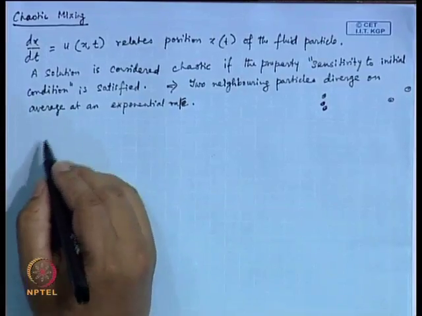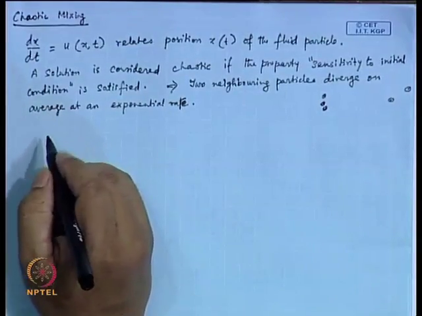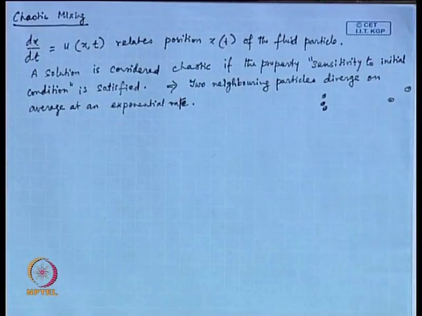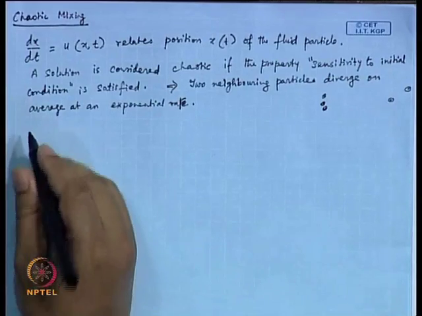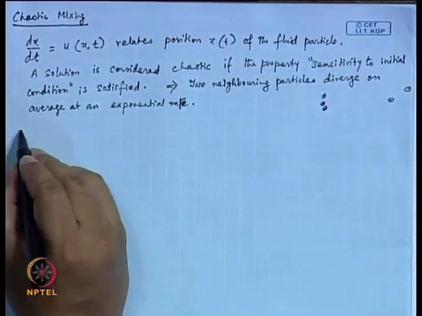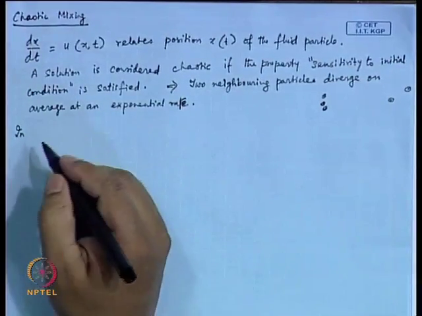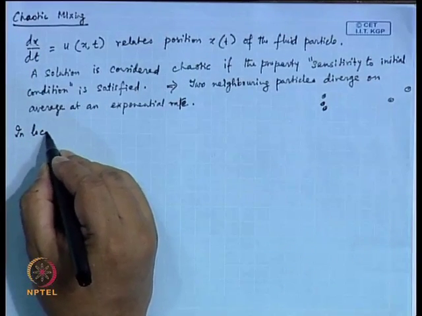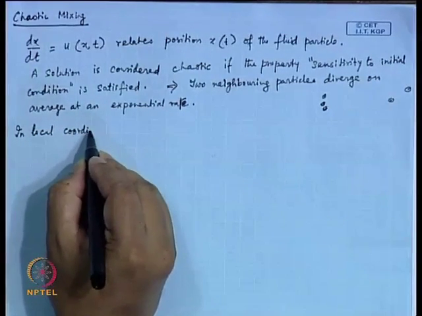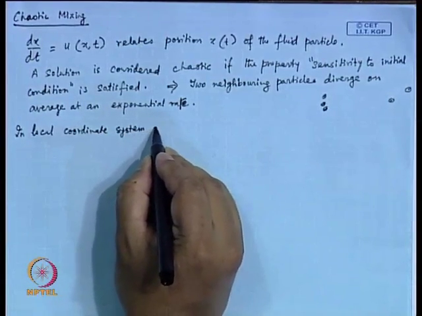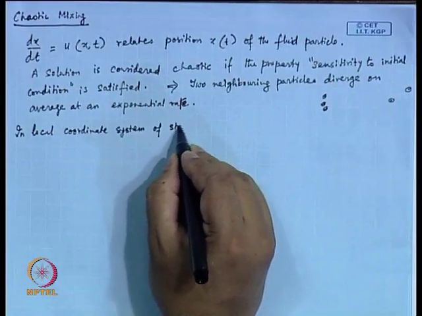Now, what will I do with this alpha? What is the purpose of this alpha? Okay. What I will try to find out is, in the local coordinate system of striation, we are trying to invoke the Lagrangian sense here.